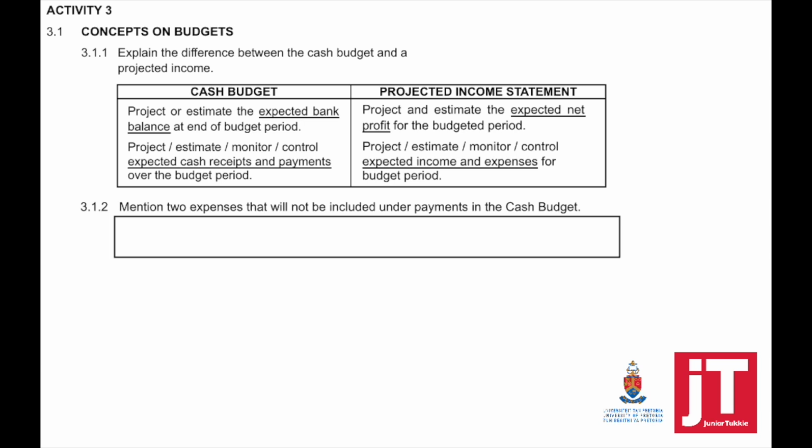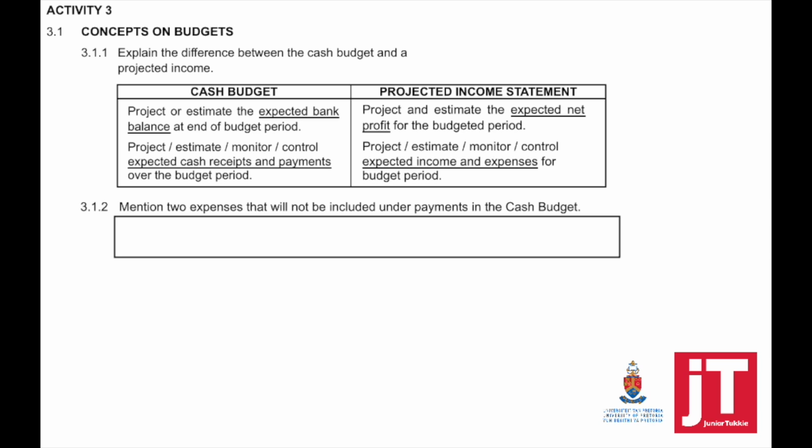3.1.2 Mention 2 expenses that will not be included under payments in the cash budget. So when we're looking at things that will only appear in your projected income statement, think about, does this income or expense affect the bank account? If the answer is no, it means it does not appear in the cash budget.